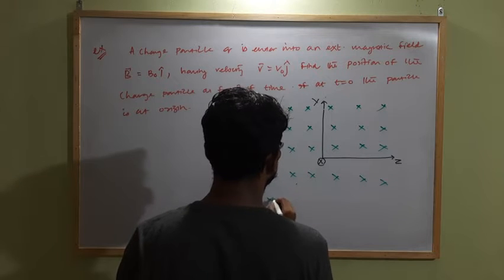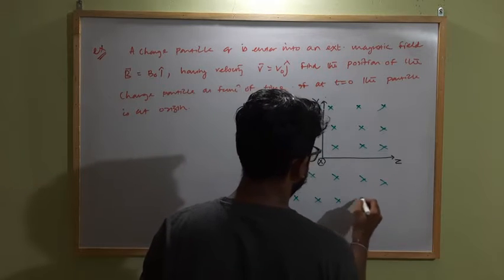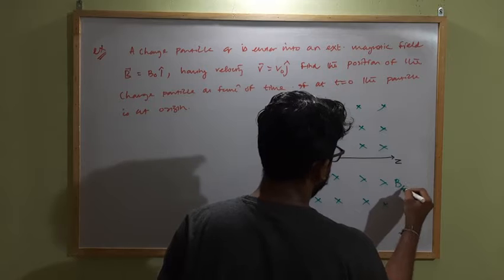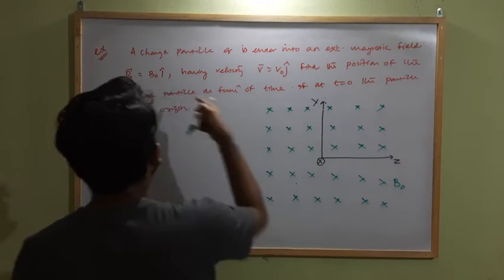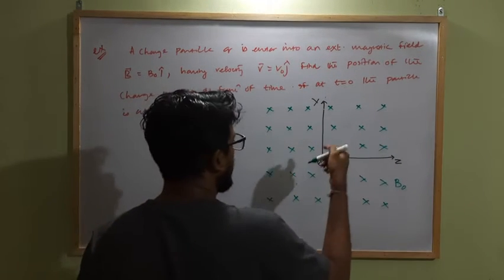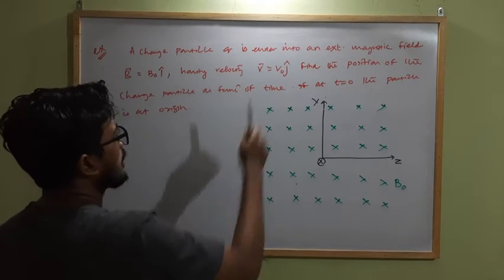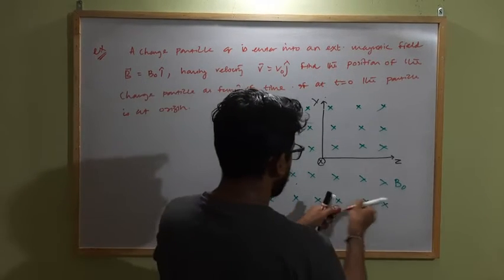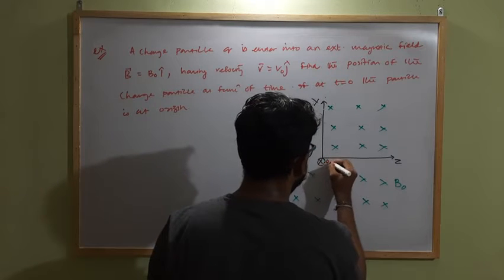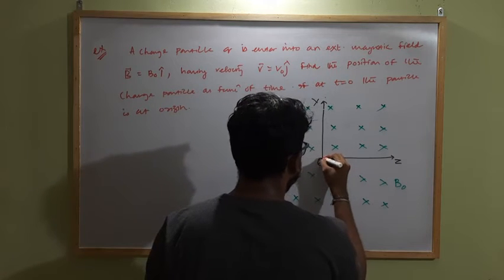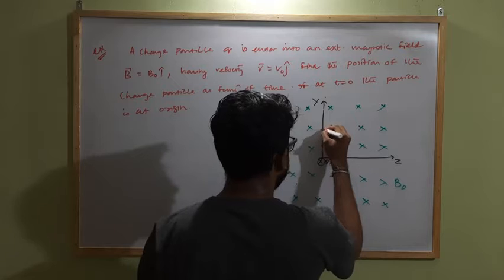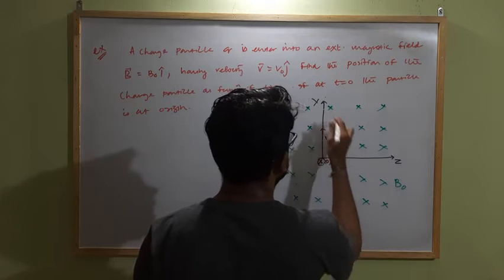B naught, which is positive i cap, is inward, and the velocity v naught j cap, that means the velocity of the charged particle, starts from the origin along this direction. This is v naught j cap.